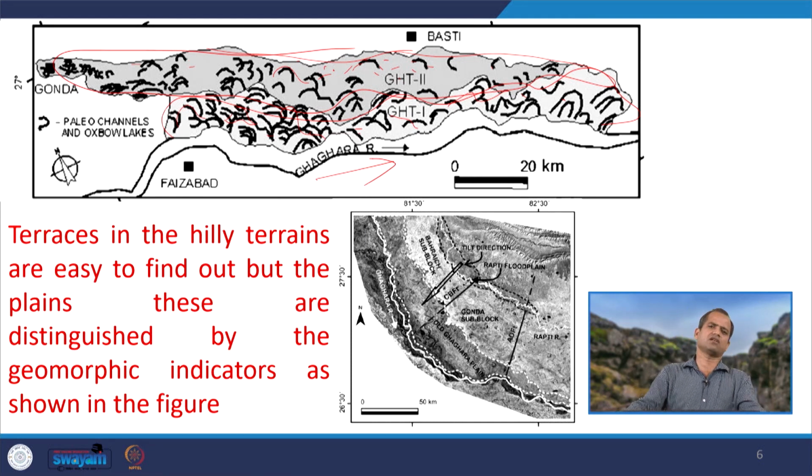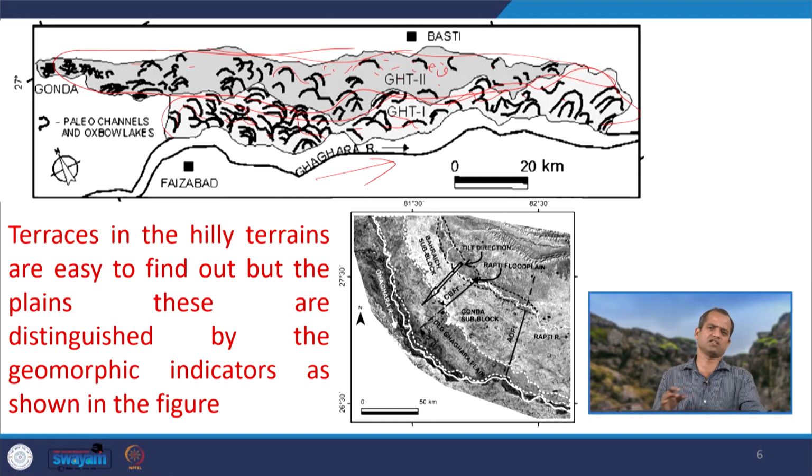In addition to that, soil is a very good indicator. We can study the soil properties in the older terraces. You will find that the degree of development will be relatively more as compared to the younger one, provided that the parent materials are the same. And particularly in an alluvial plain like the Ganga plain, the parent materials are alluvium, sand, silt and clay.